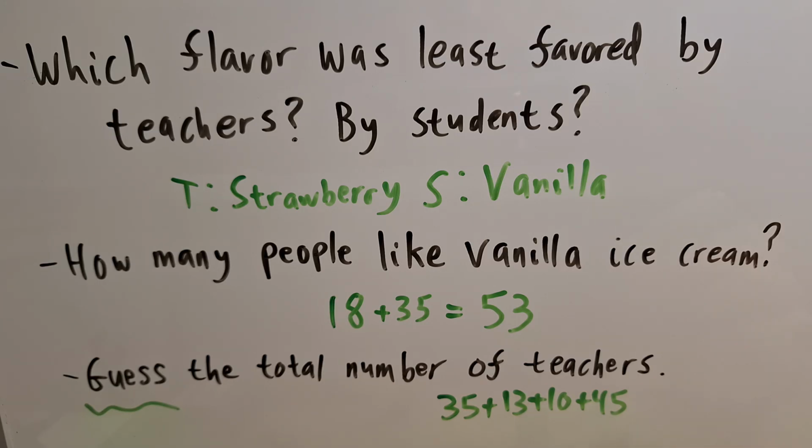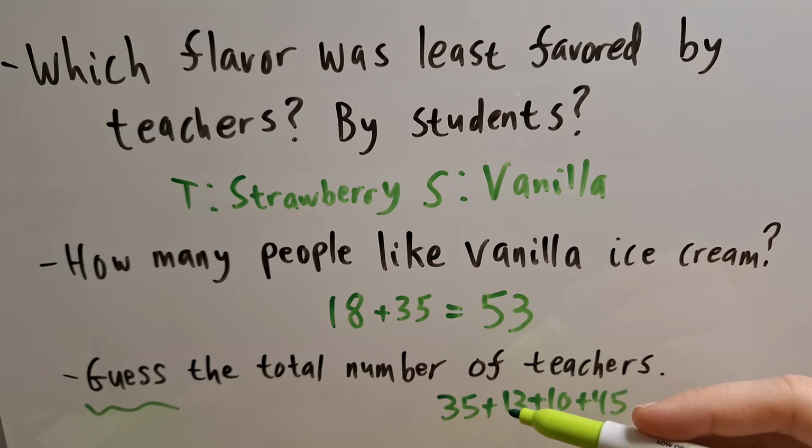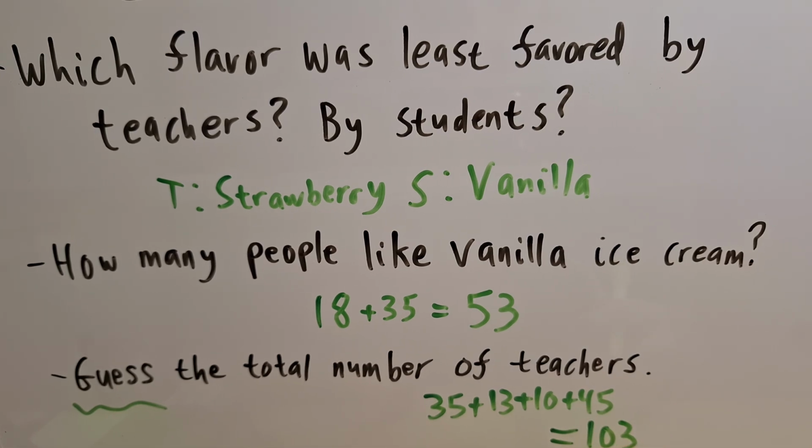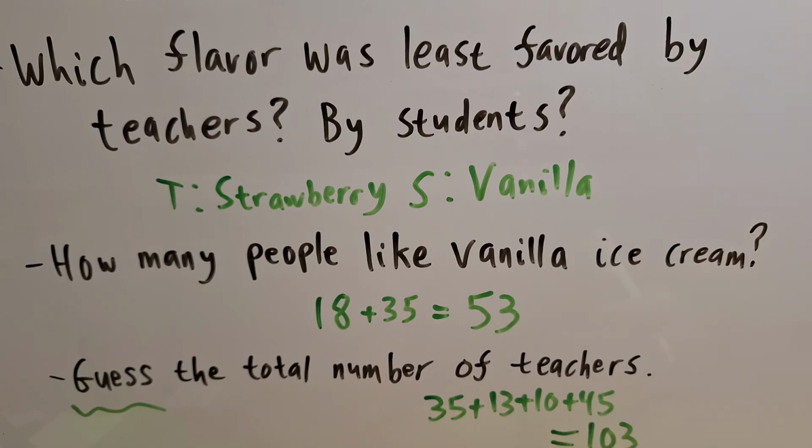So we can just roughly guess that specific number, which is what we did for 13. And that was really about it for this one. We just had to guess this number. So adding all these numbers up in total gives you a total of 103. So we talked to 103 teachers for this.